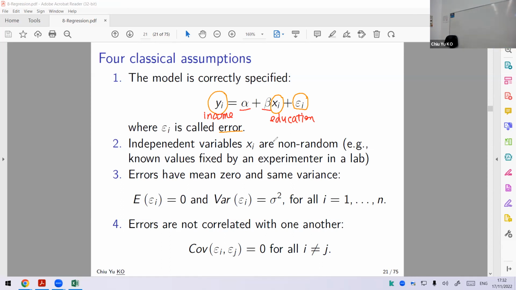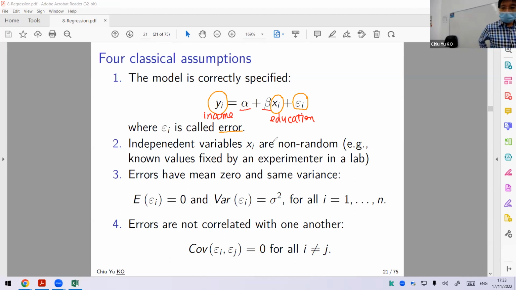Is that clear? So the first assumption says y and x are generated in a linear manner, although we don't know alpha and beta, which we will estimate, but alpha and beta are how x and y are related. But how they relate is not clean because there's an unknown random epsilon. This is the first assumption.